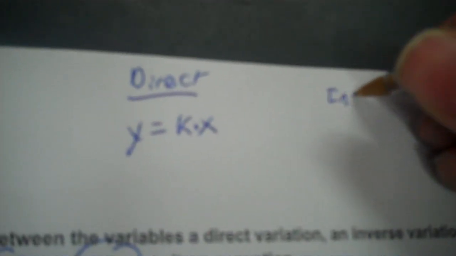If I take 40 times the input 0.2, it equals 8. 40 times 0.5 is 20. 40 times 1 is 40. 40 times 1.5 is 60. So essentially what you want to write at the top of the paper is that if it's direct, it's y equals k times x. If it's inverse, it's y equals k divided by x.